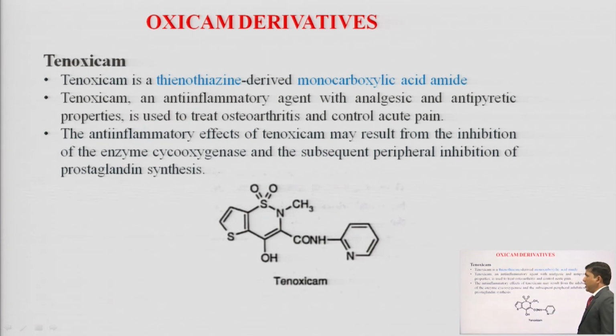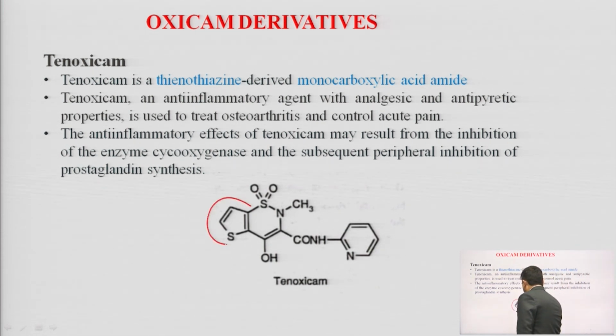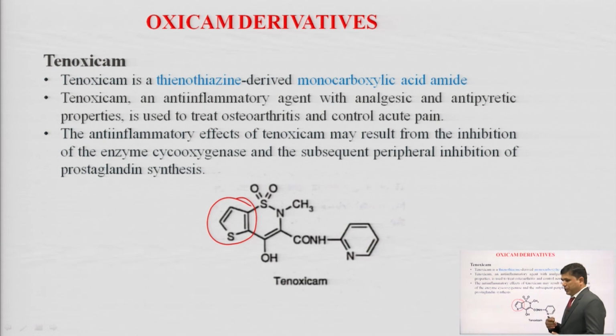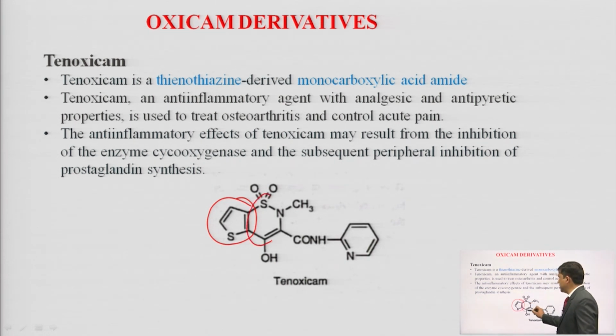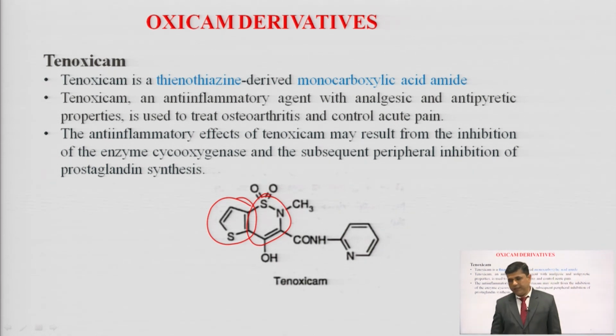Tenoxicam is another OXICAM derivative. Here, the phenyl ring which was fused in piroxicam is substituted with a thiazine. This is the thiazine nucleus. So, it is a thiazine-derived monocarboxylic acid amide.